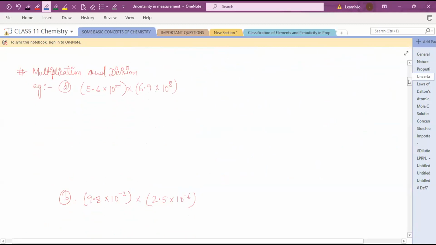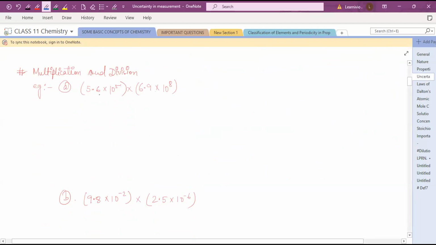So how to do that? Suppose example one, I have taken it from the NCERT book. So multiplication and division we will see individually. What to do in multiplication? What to do in division? What to do in addition and subtraction? So we will learn some basic rules.